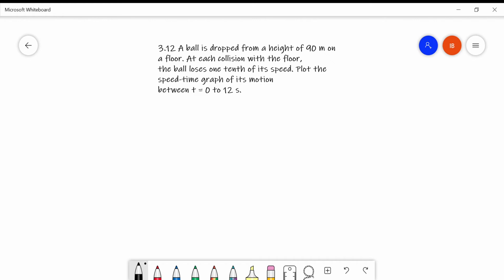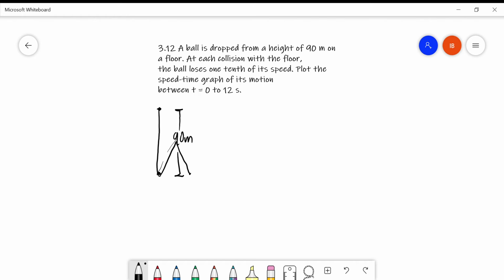Okay. So it's dropped from a height. So the ball starts from an initial point and the height is 90 meters. Then they told at each collision with the floor, it bounces up once, it collides and then it bounces up and then it goes down again.